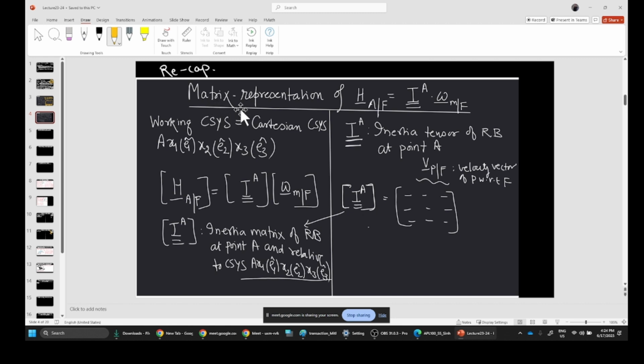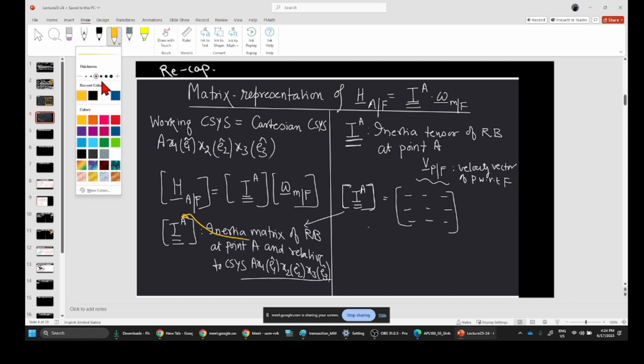Continuing with the same idea, matrix representation of this equation, I am summarizing that this matrix that is appearing here, we would call this the inertia matrix of the rigid body in context, at a point A, and relative to the coordinate system A x1 e1, x2 e2, x3 e3.